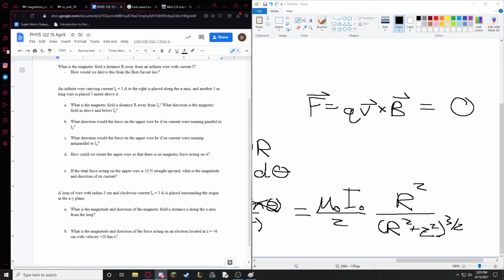All right. So, how do we actually go ahead and find the magnitude and direction of the force if the velocity of the electron is in the x direction? First of all, what direction would the force be in? We apply our right-hand rule, right?